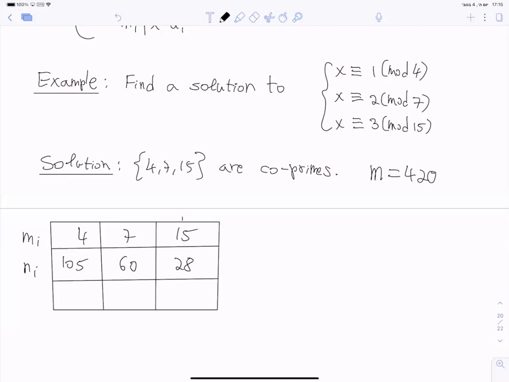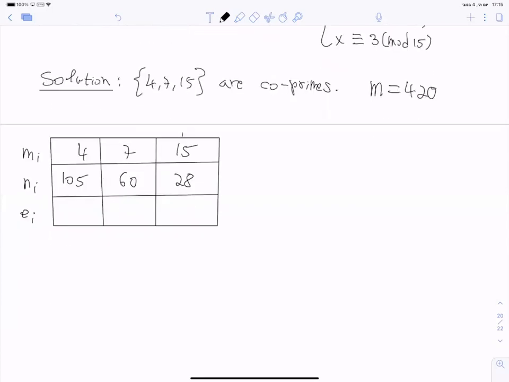And now we want to find EI. Since these are coprime, there is an integral combination of both that gives you 1. That's all.